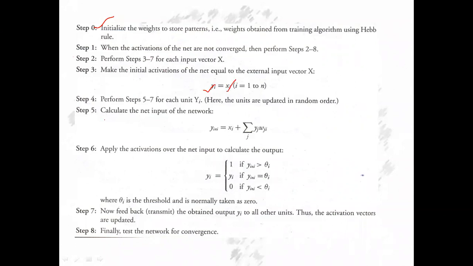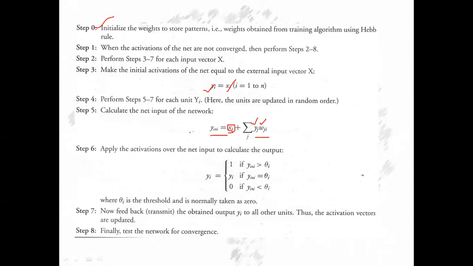Then we need to repeat certain steps. For each neuron, we calculate the input being received at it. The input is calculated by adding the external input at that particular neuron along with the sum of products of outputs and weights through which the other neurons are connected to it.